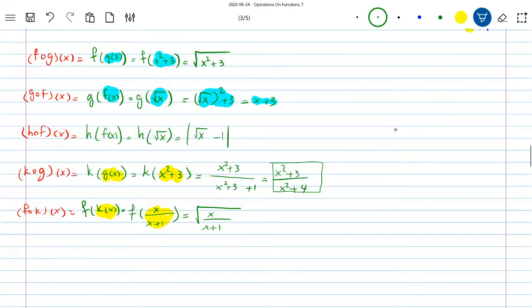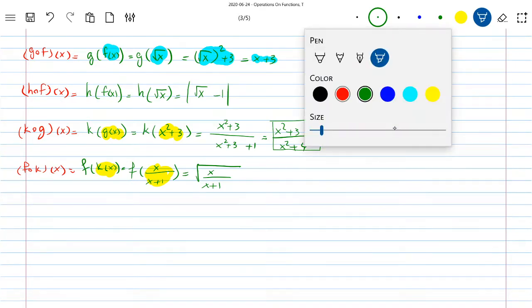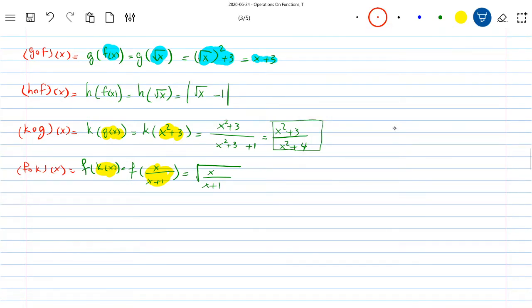Okay, now let's try figuring out a couple of values, because in all these, I only asked you for the function. What if they ask you to find, for example, g of f of, I don't know, 0?